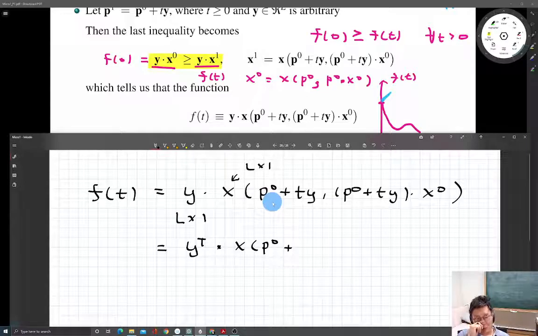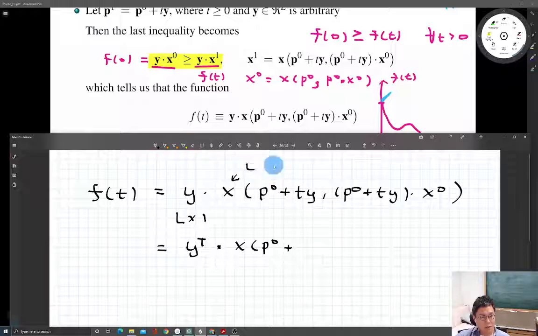Just a sec. I think it's better to say this y is 1 by L, and this matrix x is L by 1.